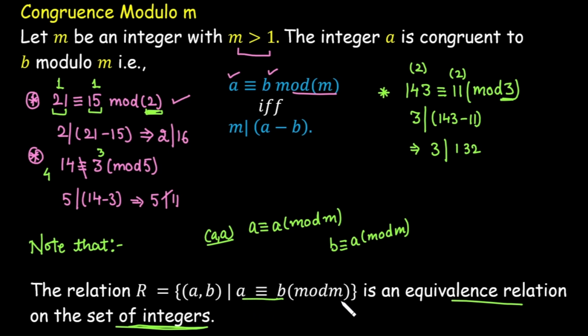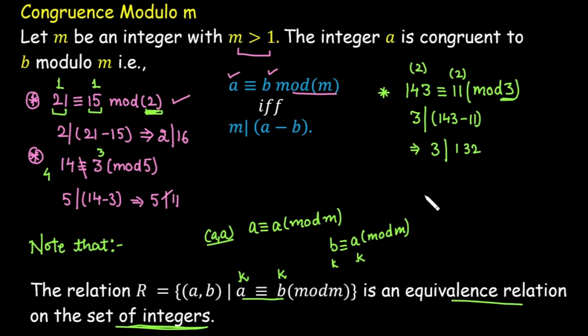When A is divided by M, suppose the remainder is K. As we are saying that they are congruent, it means when B is divided by M, remainder is again K. So when you shuffle this, there will be no impact on the remainders. It means they are congruent, and hence we can say that the relation is symmetric.